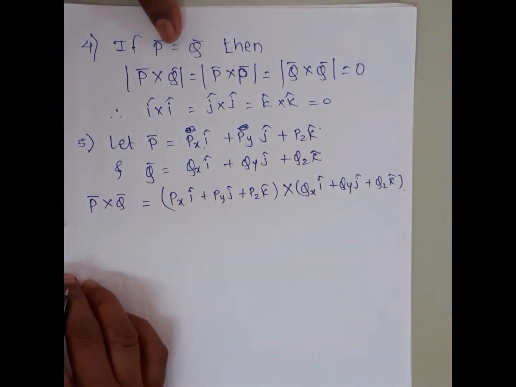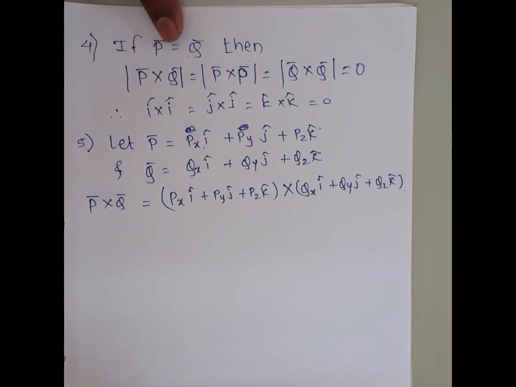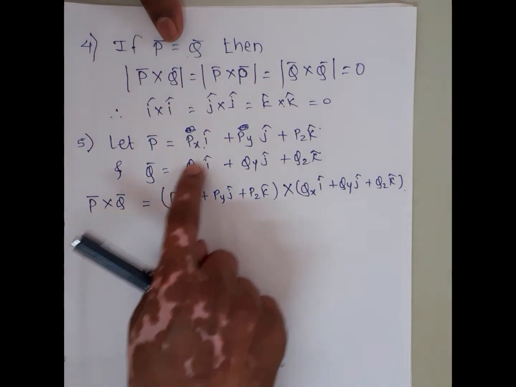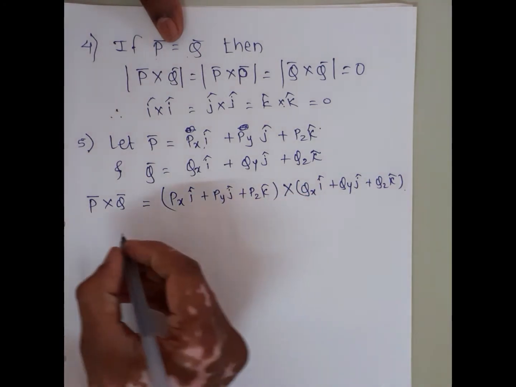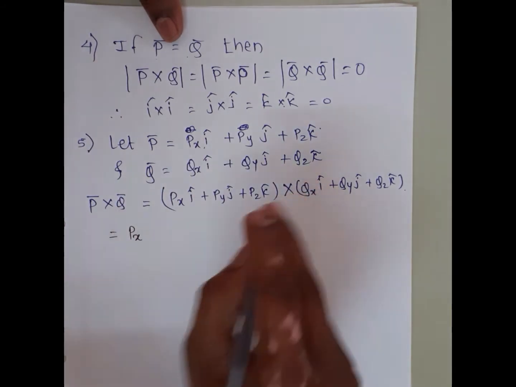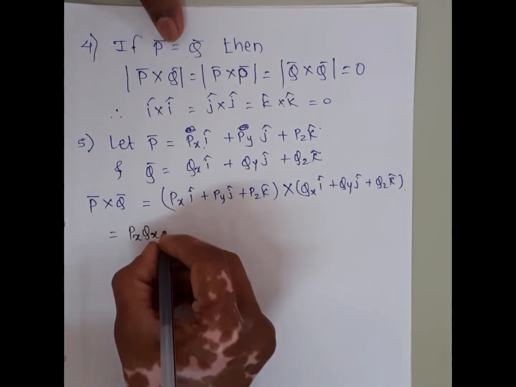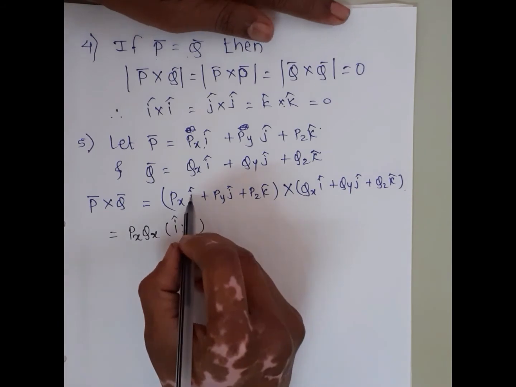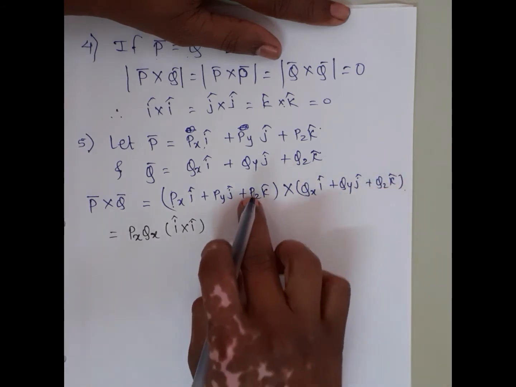Okay, so now we multiply using the distributive law of multiplication and solve this whole equation. Simply multiply each quantity of the first bracket with the second, taking the cross product of the unit vectors. See here, Px into Qx, i cap cross i cap. Px is multiplied by the whole bracket, Py is multiplied by the whole bracket, and Pz is also multiplied by the whole bracket.